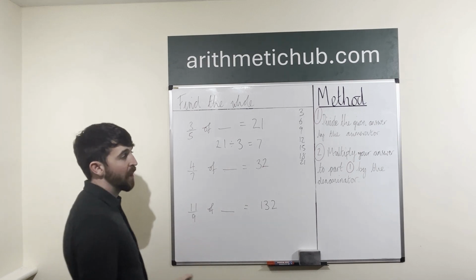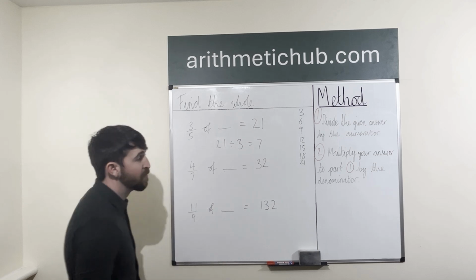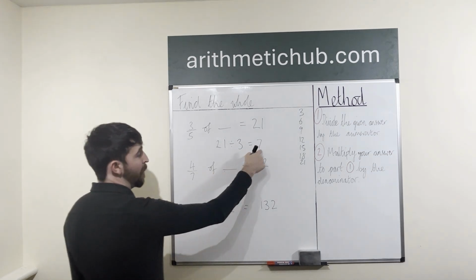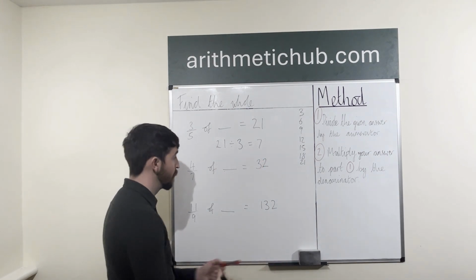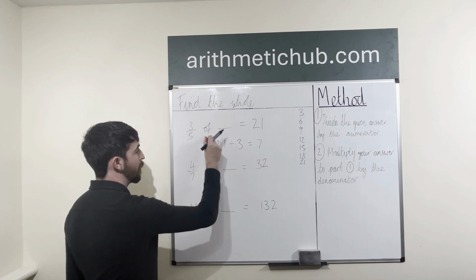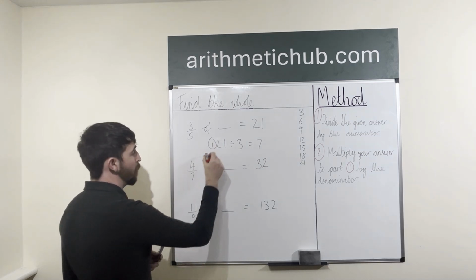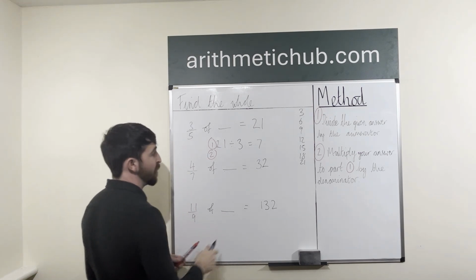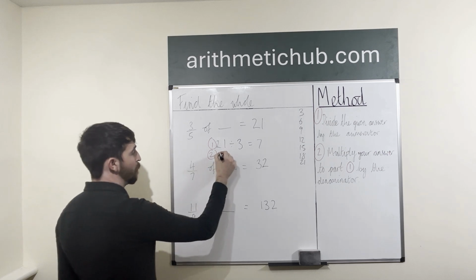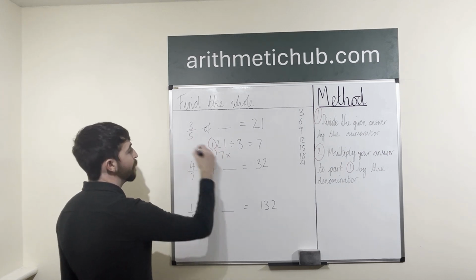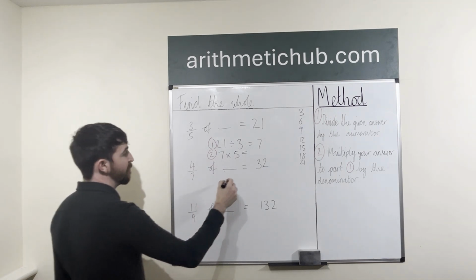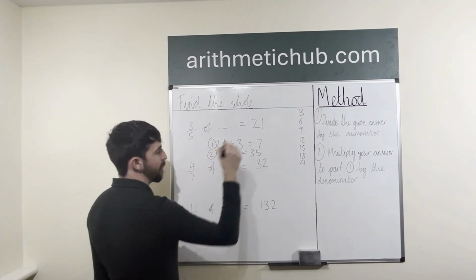Then what we need to do to find our answer for this part is multiply your answer to part 1 by the denominator. My answer to part 1 was 7, wasn't it? So for part 2, what I need to do is multiply my answer to part 1 by the denominator. My answer to part 1 was 7, my denominator is 5. 7 times 5 is going to give me 35.